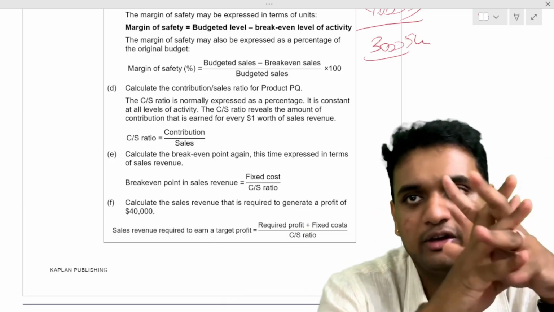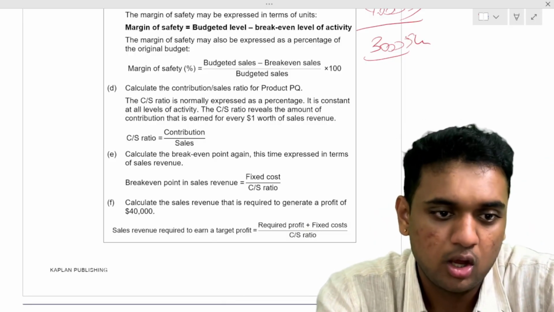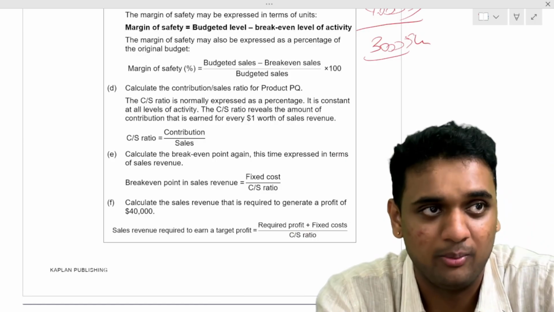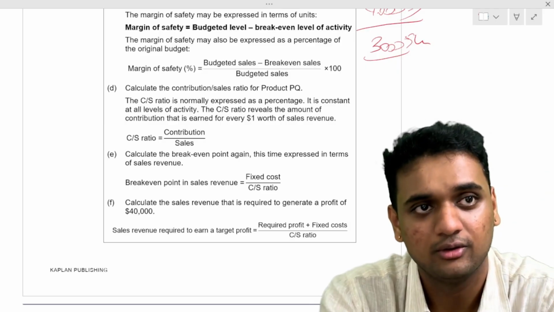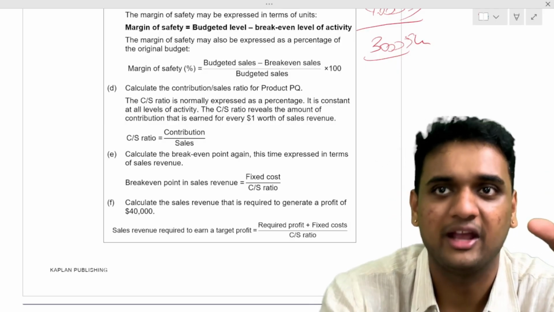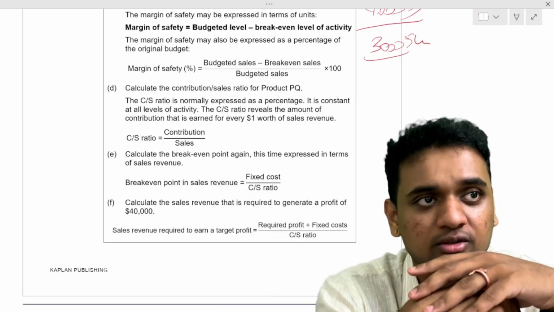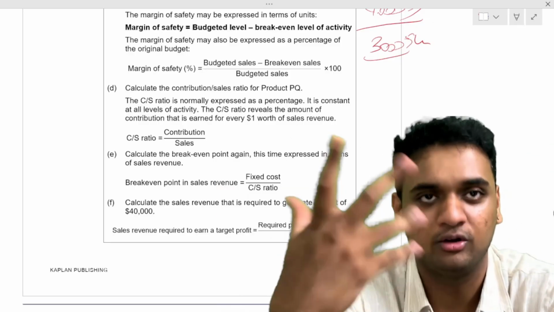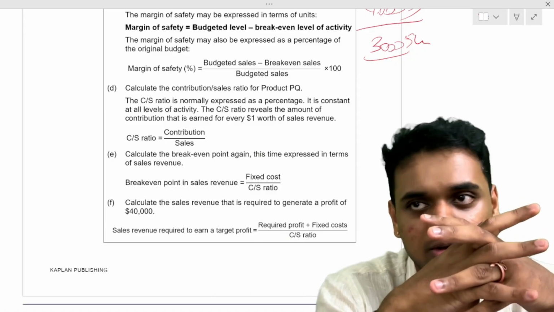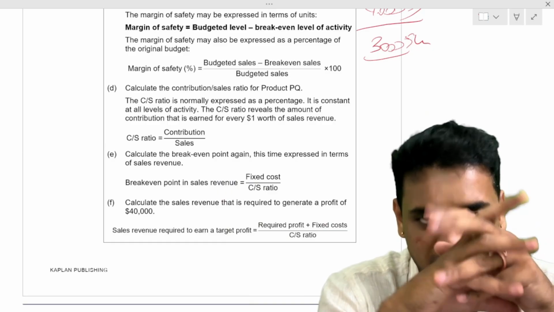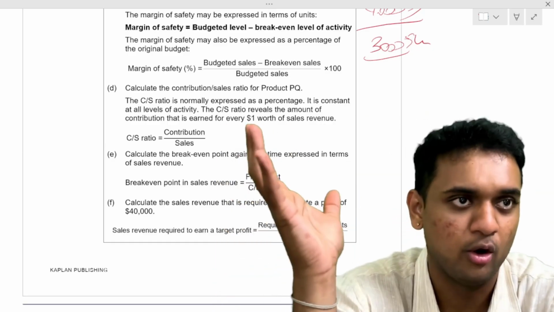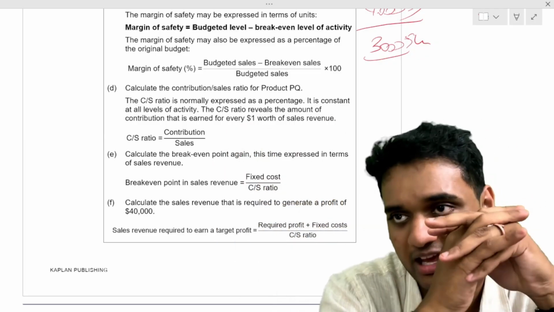One last, and then I will give you time to discuss for 10 minutes. How much sales we have to make in order to break even, what formula did we use? Fixed cost divided by CS ratio. If you find that, you will get how much amount you have to sell to break even.